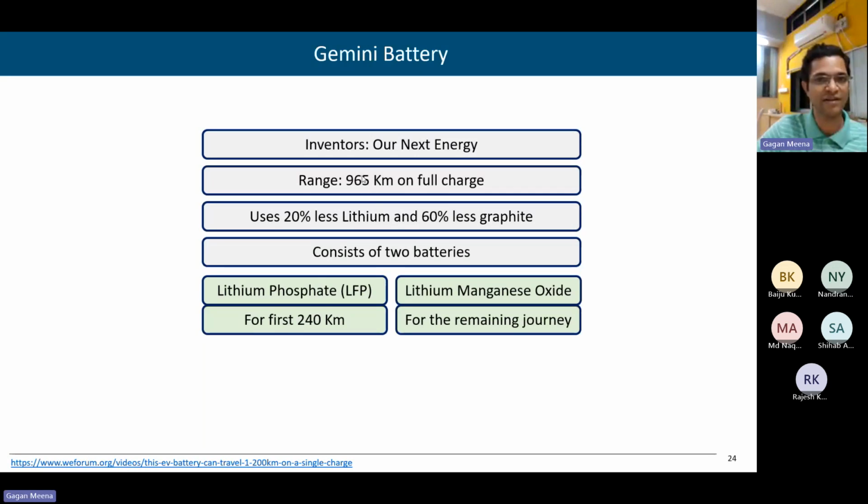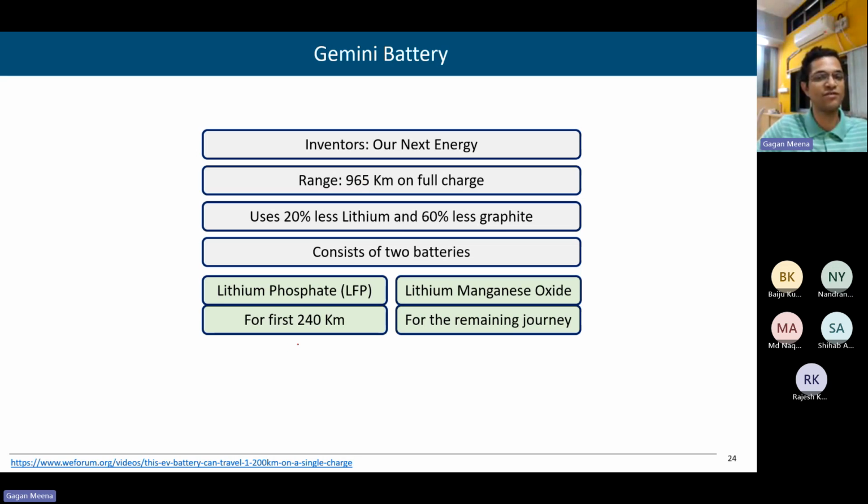This company has come up with this Gemini 2, which is also a very good battery. Here, they are using two technologies. The advantage is that it uses 20% less lithium and 60% less graphite, and also provides a very large driving range of 965 kilometers.